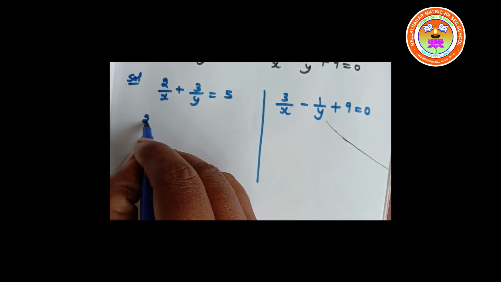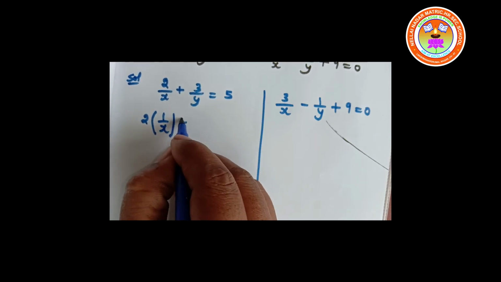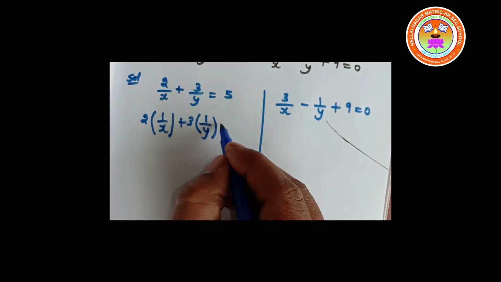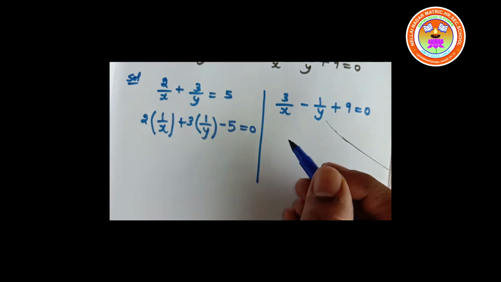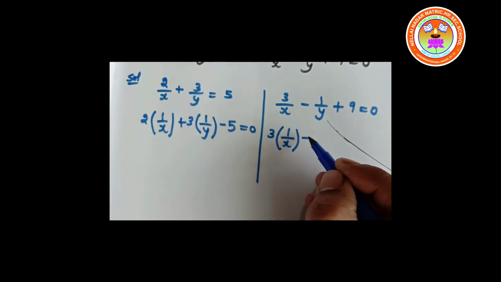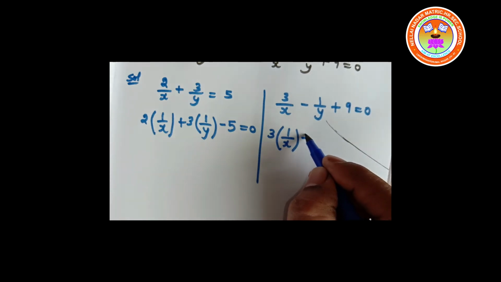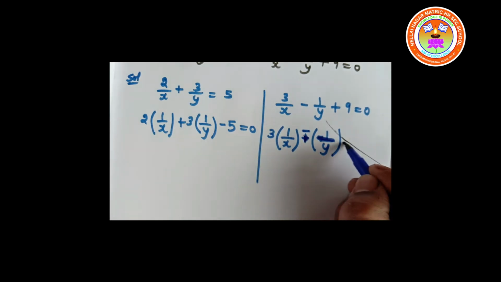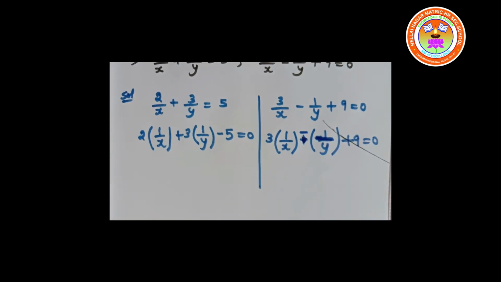Now this can be written as 2 into 1 by x plus 3 into 1 by y, transfer that side, minus 5 equal to 0. 3 by x as 3 into 1 by x minus 1 by y plus 9 equal to 0.